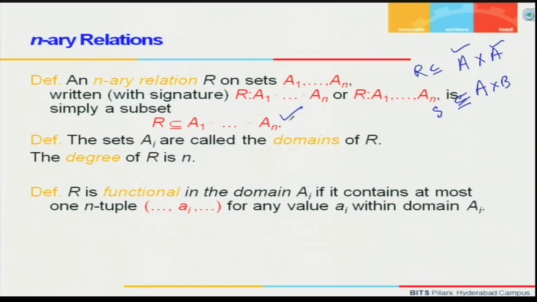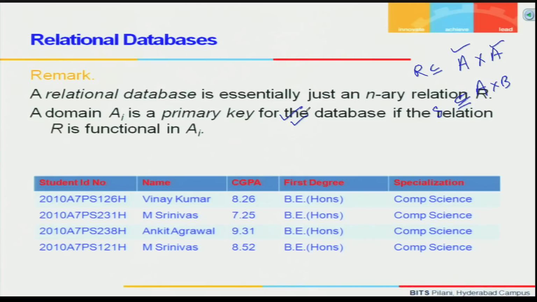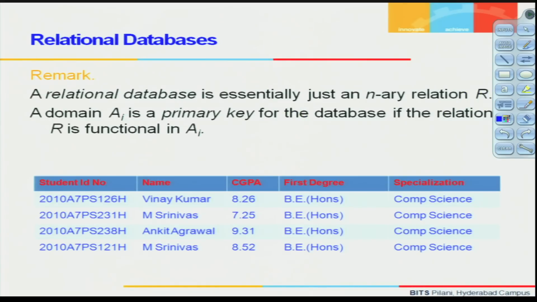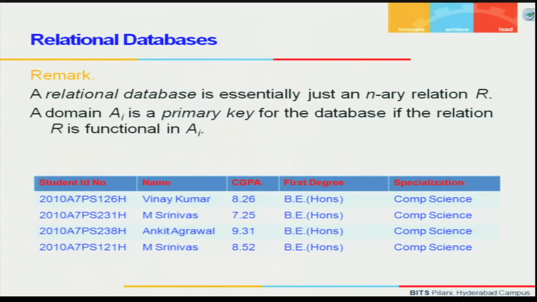So in this case you say that you have got n domains of R, and the degree of R you say is n. The functional definition in the similar way that we have defined for binary, we can extend it to the n-ary also, and we will see this with an example.